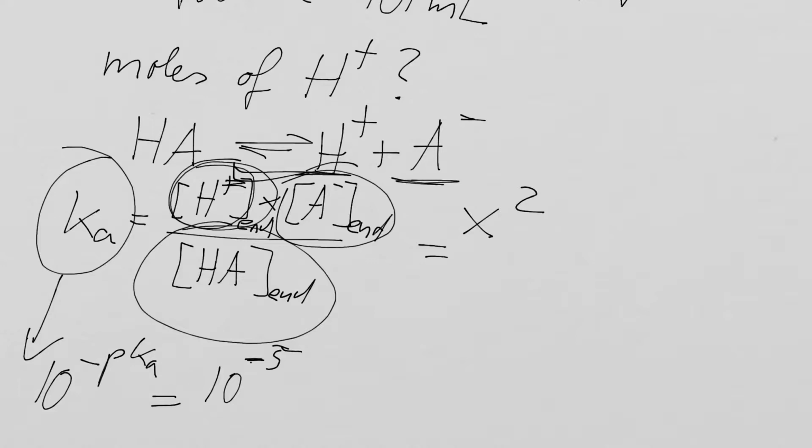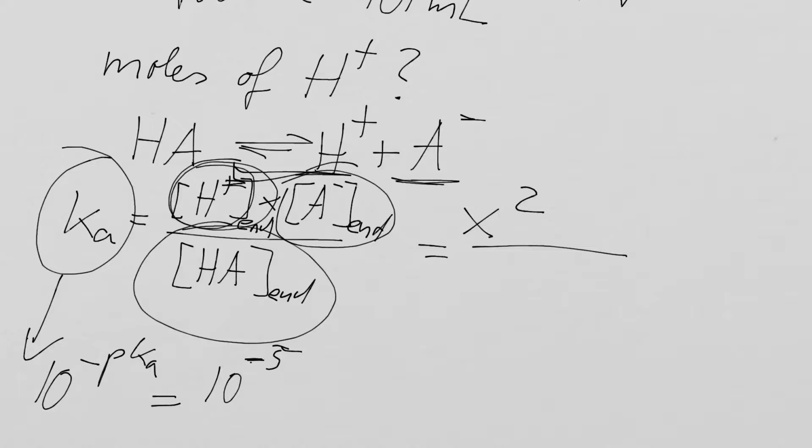Now, do we know our end concentration of the acid? Now, I told you we don't. We only know the starting concentration. But actually, if you think about it, the end concentration of our acid is the starting concentration minus that part that has dissociated.